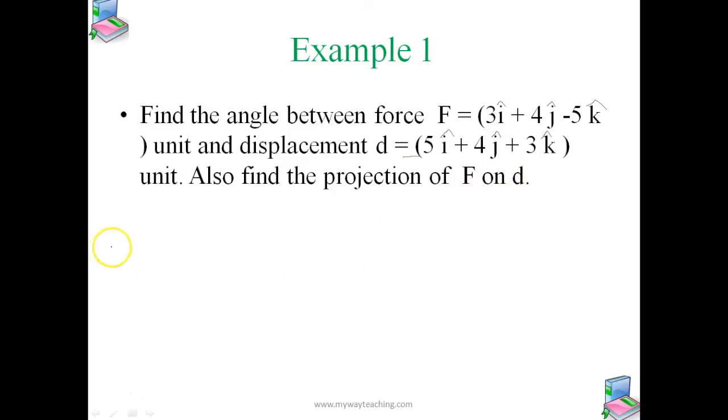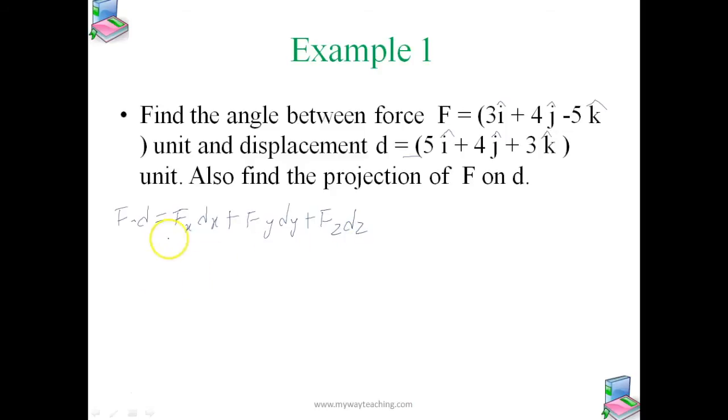So here they're asking for the angle theta. So we must consider the dot product of F and D. We already know the product will be Fx dx plus Fy dy plus Fz dz.